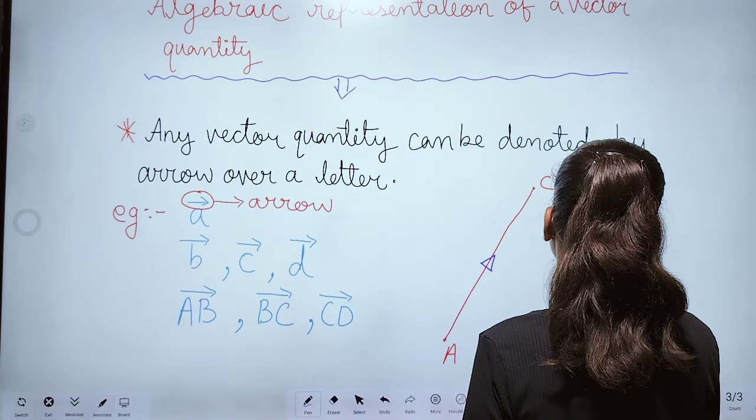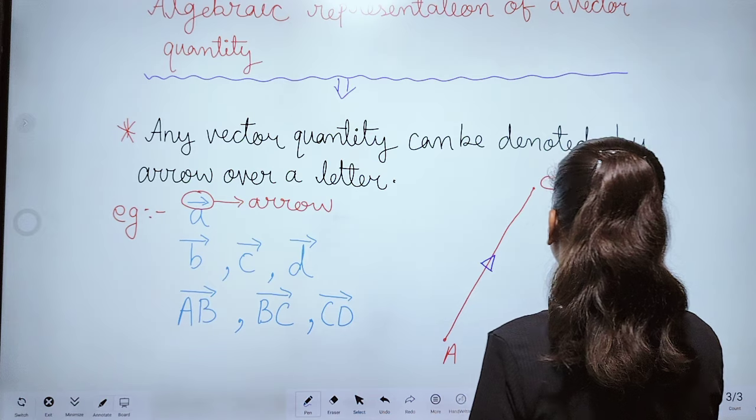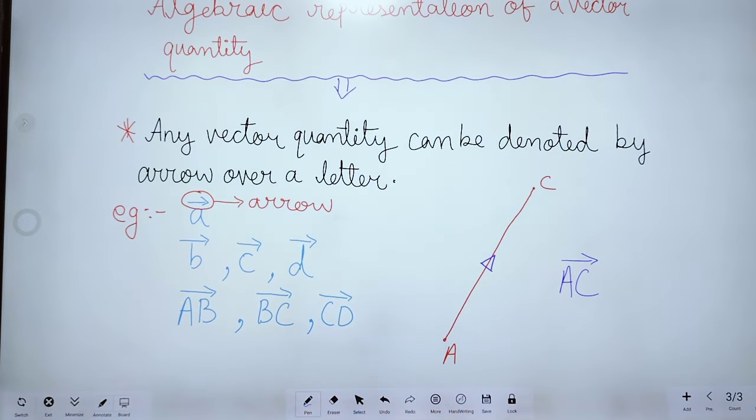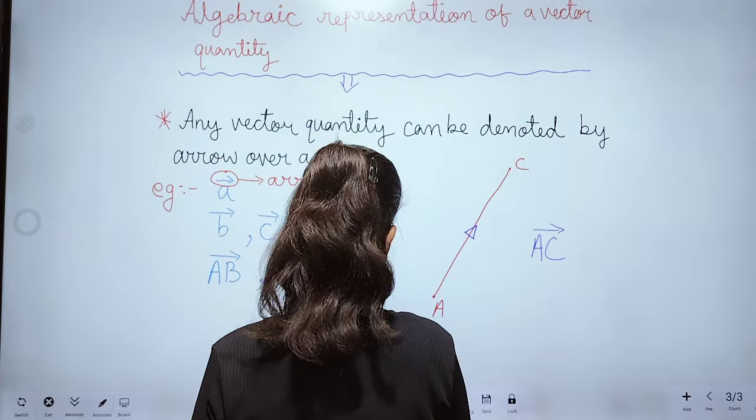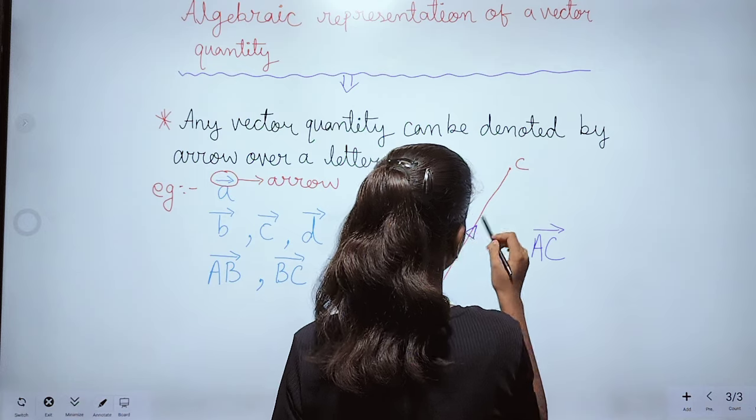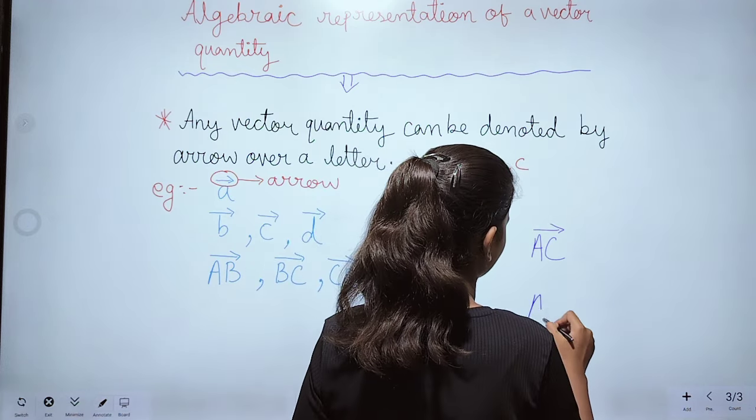We can write it like this: AC vector. Okay. We can only write two letters. We can say AC is a line. Okay. We cannot write like this: ABC is a line.